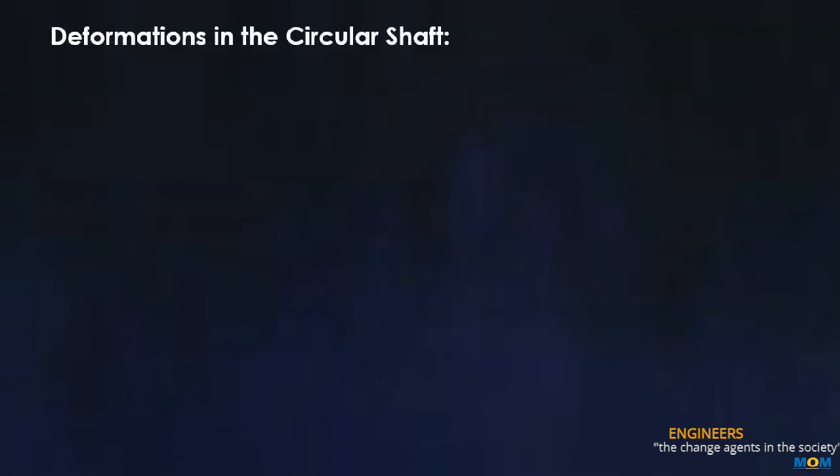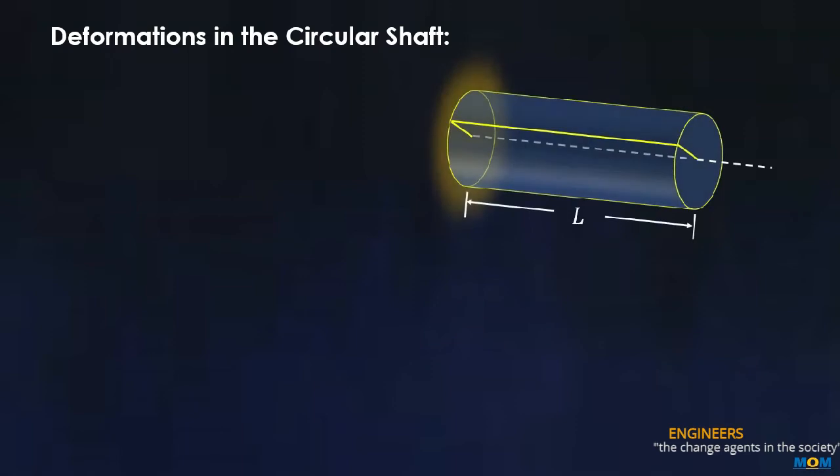For that, now consider the deformations in the circular shaft. Now consider an intermediate surface for the analysis. Upon twisting, there will be some bend in the surface. The angle produced due to this bend is actually the shear angle.